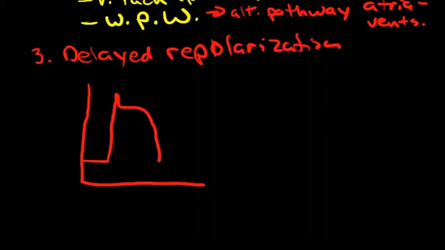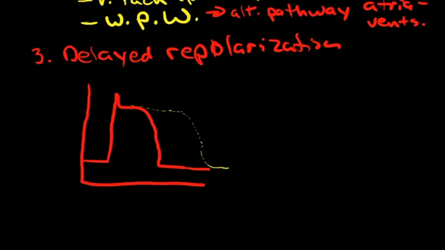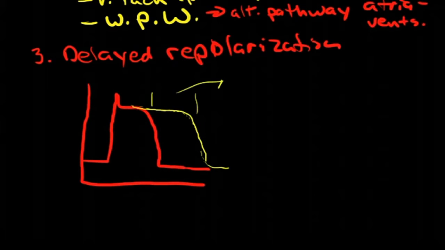Now there are some conditions that can delay the repolarization even further. So what you end up with is a situation like this. This is delayed repolarization.